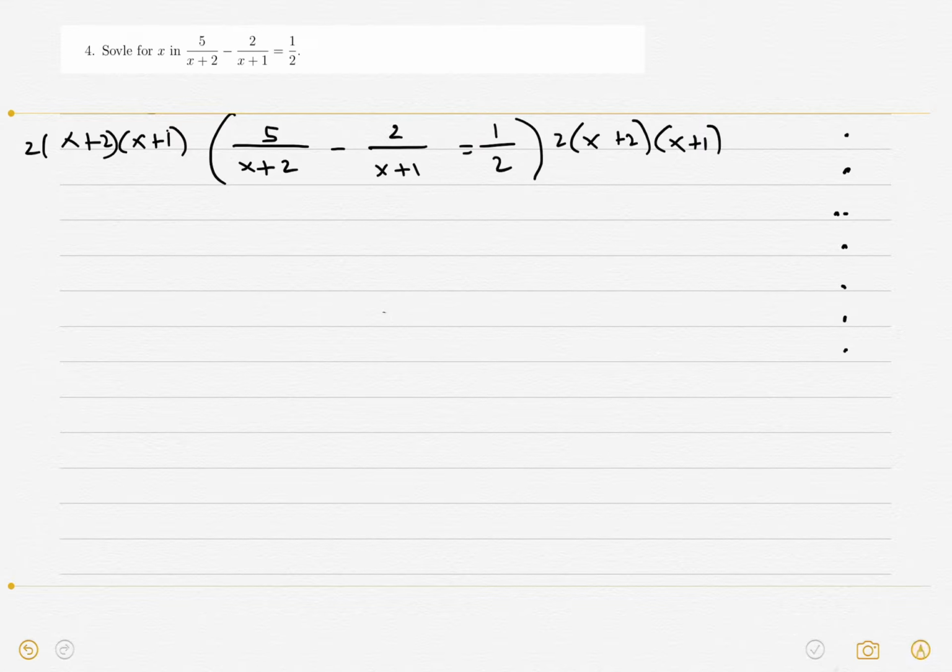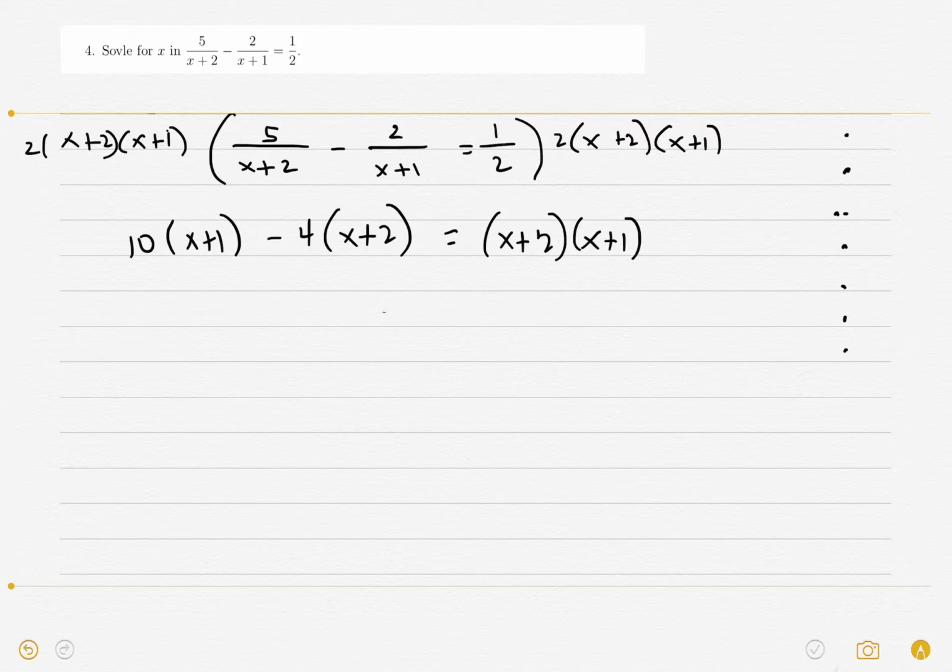So, kapag minultiply mo yan or dinisolve mo yan sa buong equation, it will give you 10 times x plus 1 minus 4 times x plus 2 is equal to x plus 2 times x plus 1. Remove lang natin yung grouping symbols.